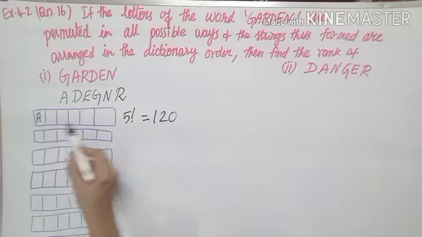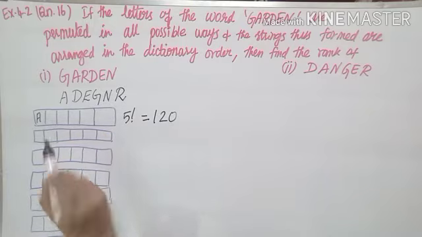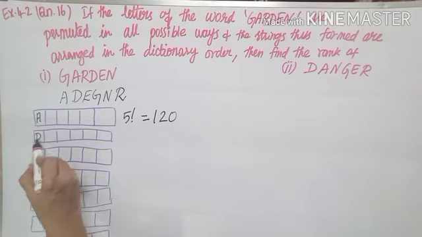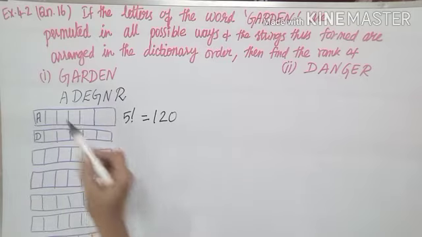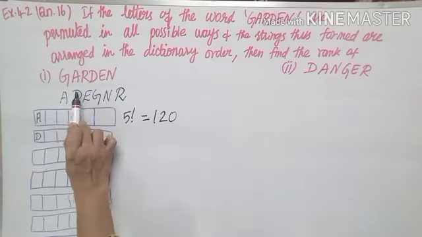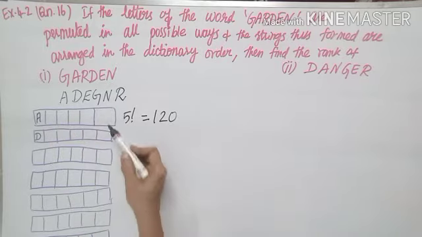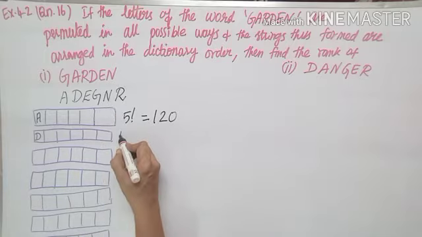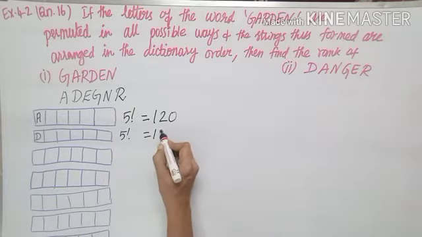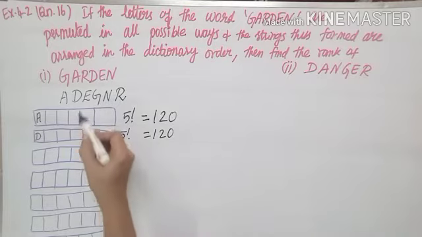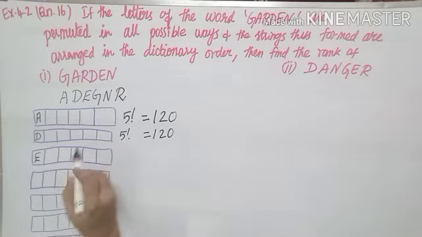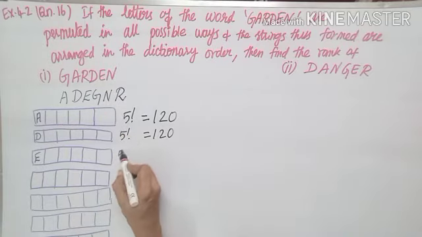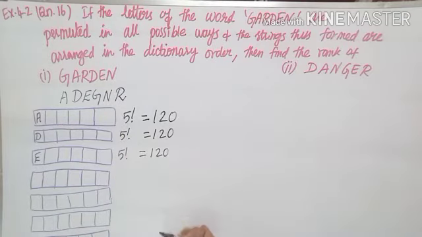Once all the words using A are over, then let me start with D. My question is not starting with D. So if I forget D, the remaining 5 letters, same argument, 5 places, 5 letters, arranged in 5 factorial ways, that is again 120. The next letter is E. Now forget E. The remaining 5 letters in the 5 boxes, 5 factorial, that is 120 again.